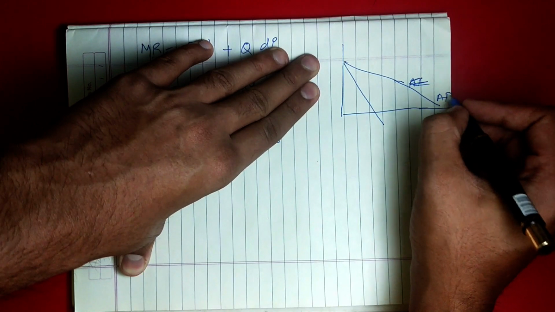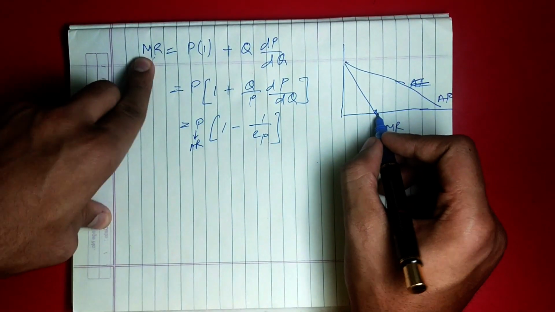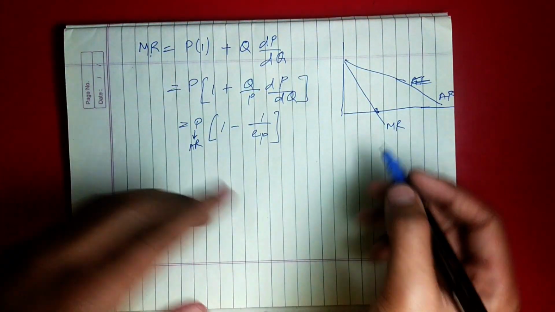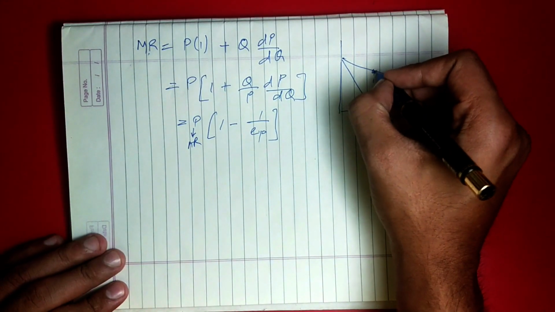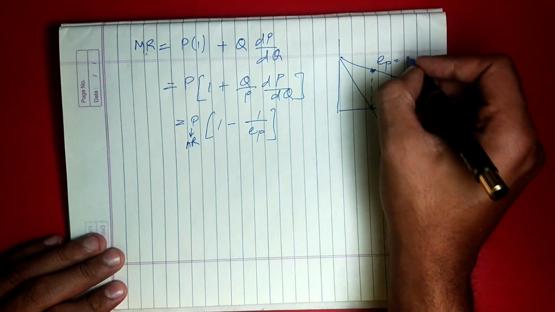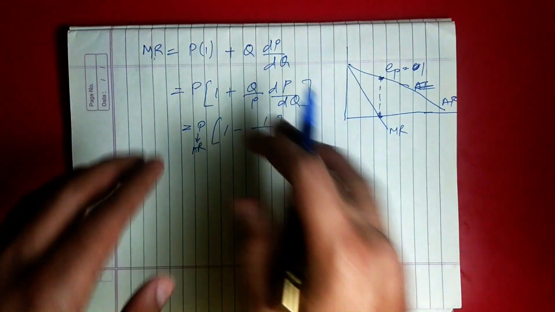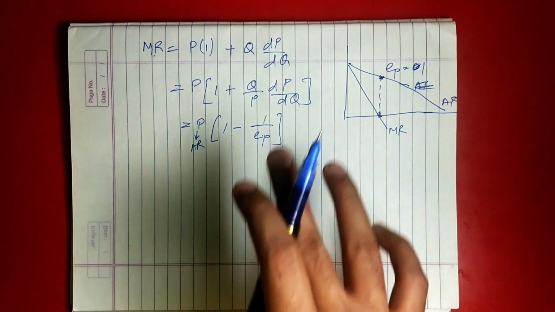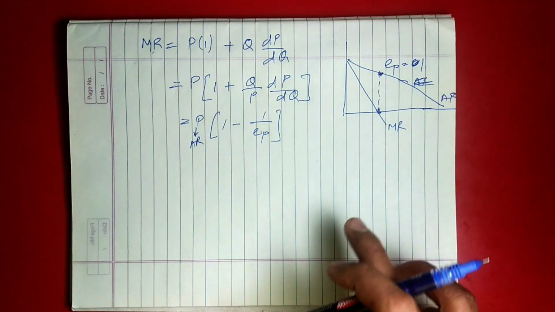At this point you know that MR is equal to 0. Since when is MR equal to 0? That means corresponding to this point exactly here, elasticity of price is equal to 1. That's why MR is equal to 0. So this is the advantage of this derivation. You can use this derivation in your numericals.